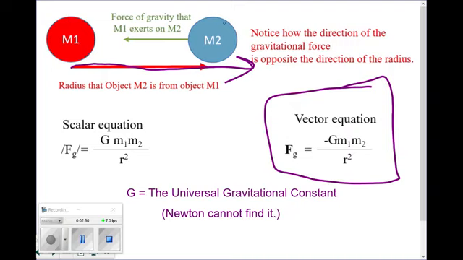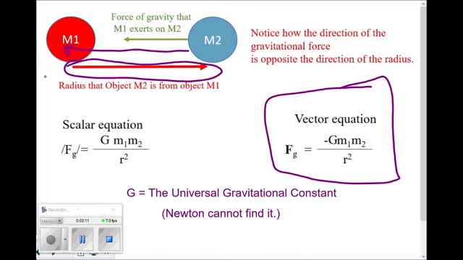So the force on m2 would be in a negative direction because it's pulling towards m1, which is against its radius. And likewise, from m2's perspective, its radius would be going towards m1. So if m1 is being pulled towards m2, that force is against m2's radius. So from m2's perspective, that force is also negative.